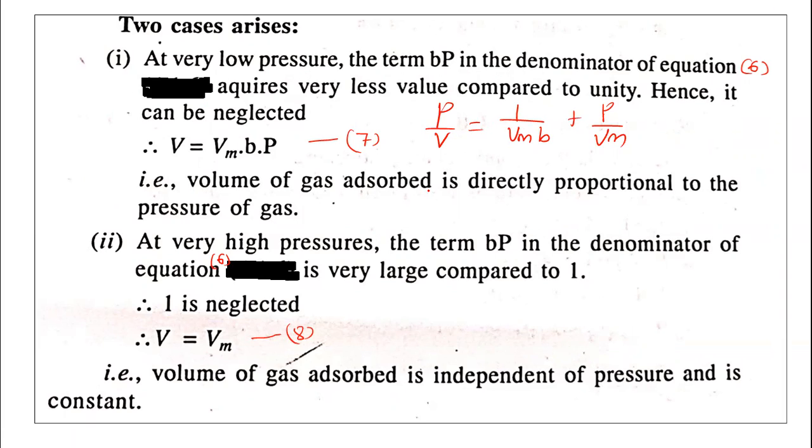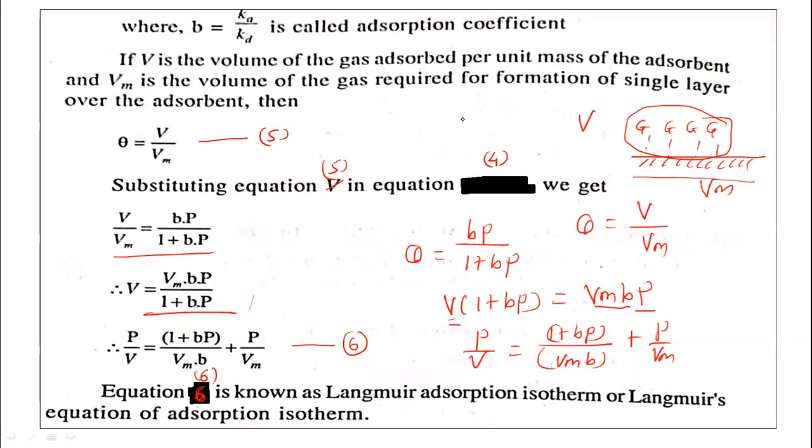At very low pressure, the term Bp in the denominator, or you can take another form of the Langmuir's equation. Let us take this equation: V equal to Vm into B into P divided by 1 plus Bp.